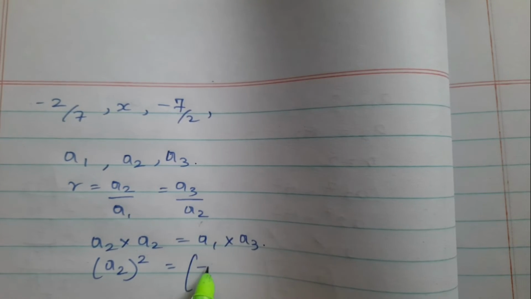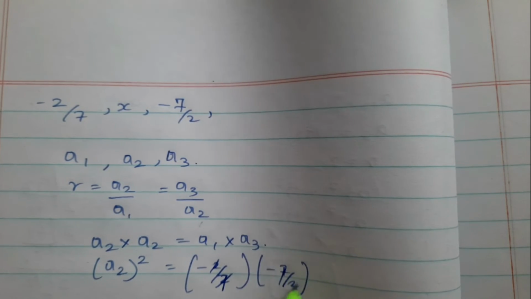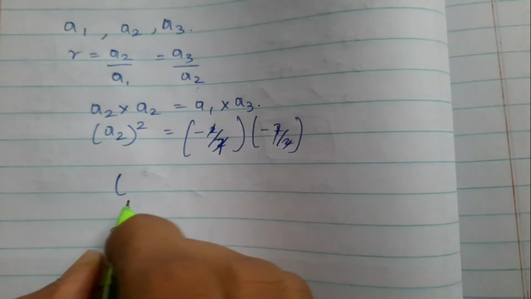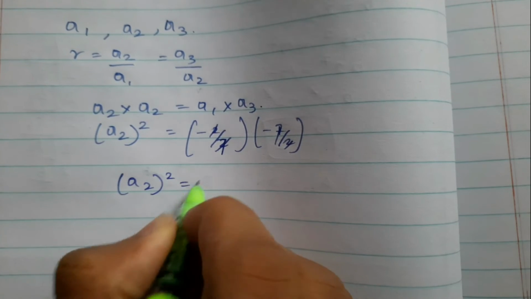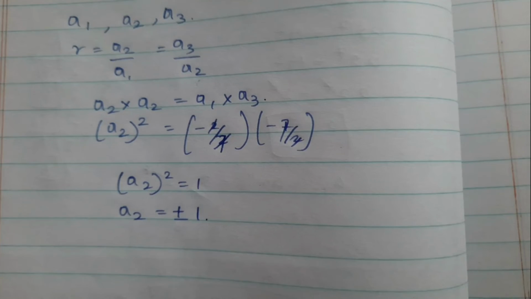A2 square equal to A1 A3 value, apply the values 2 by 7 into minus 7 by 2. So cancel, 1 answer. So A2 square equal to 1, A2 equal to plus or minus 1.